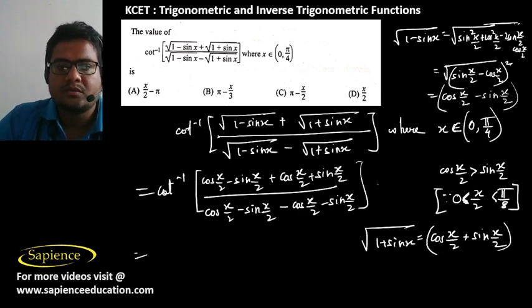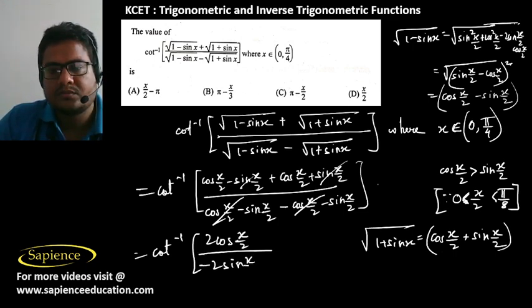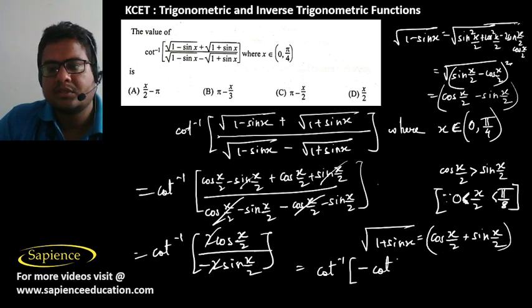Okay, so sin x by 2 will cancel, cos x by 2 will cancel. So this is cot inverse of 2 cos x by 2 by minus 2 sin x by 2. So 2 and 2 will cancel out. So this is cot inverse of minus cot x by 2.